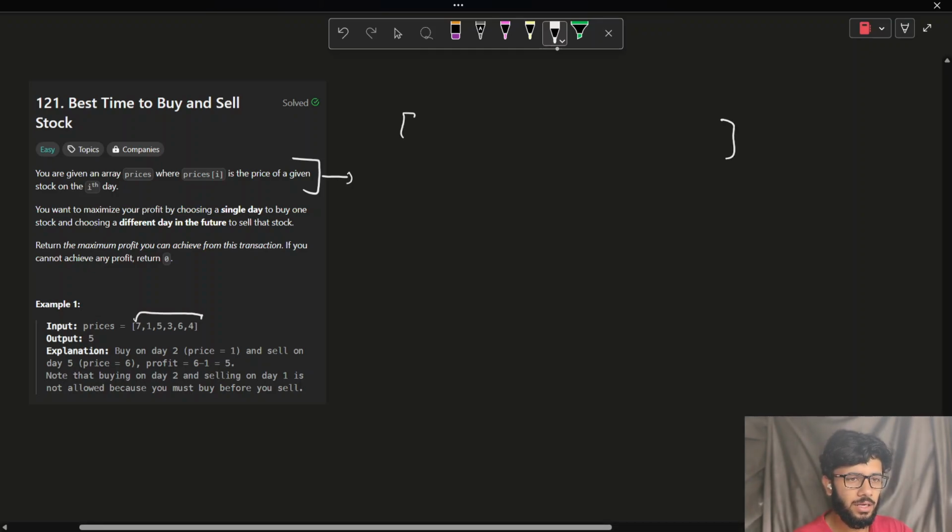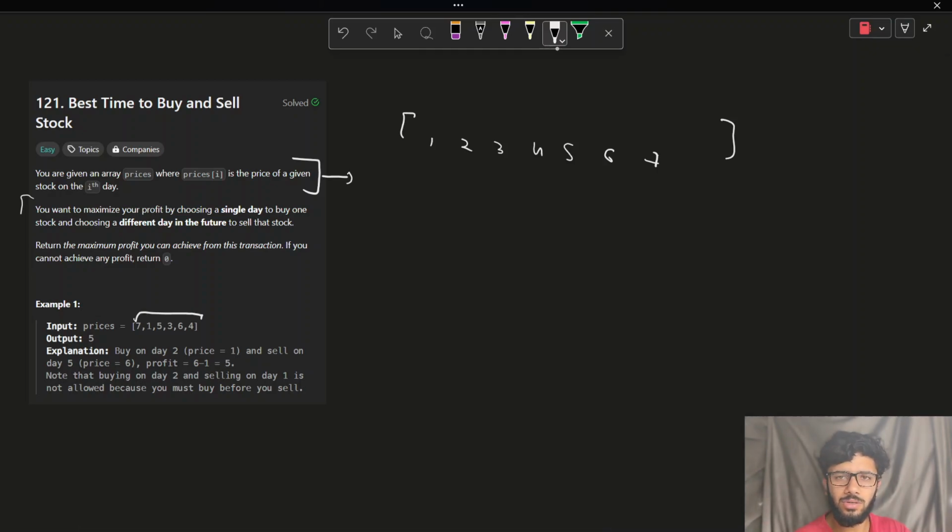I can say it will be like day 1, day 2, day 3, day 4, day 5, day 6, day 7. So 7 days of the week will be given here. What we have to do is maximize our profit by choosing a single day to buy one stock and choosing a different day to sell that stock.